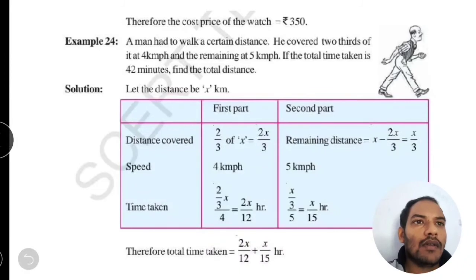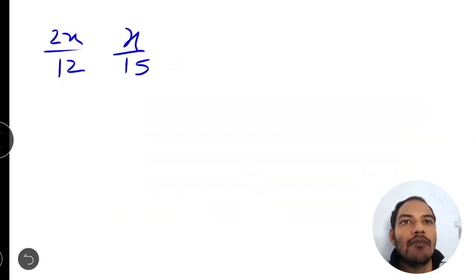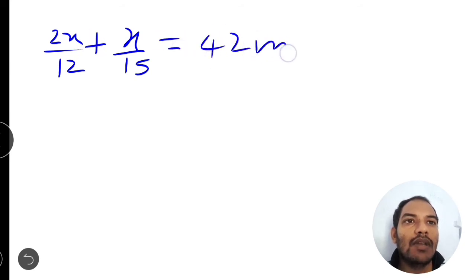As per the question, the total time taken is 42 minutes. Time taken by the man at 4 km/h is 2x by 12 hours, and at 5 km/h is x by 15. So the total time, the sum, is equal to 42 minutes.